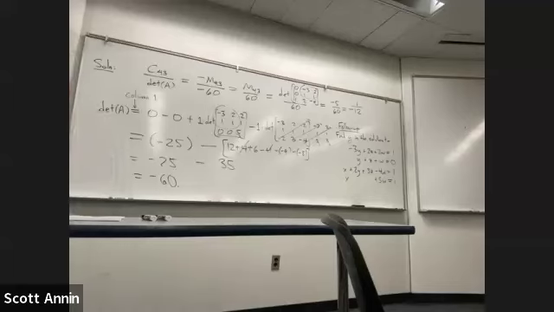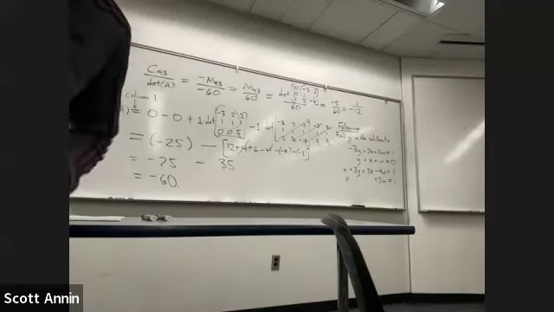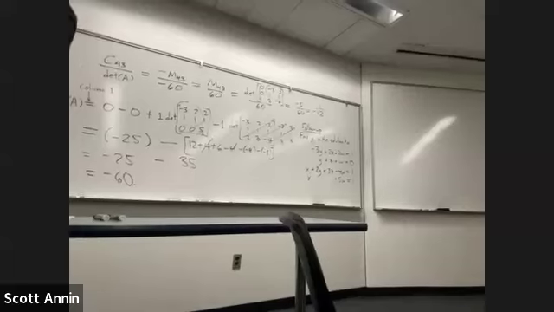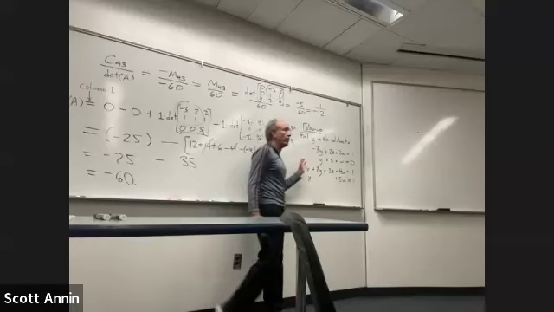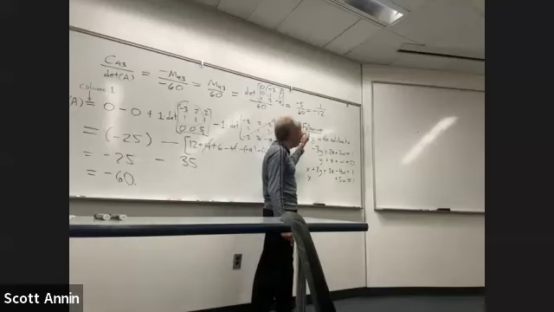I'm just making this up on the spur of the moment here. In this system that I've got on the board, I'm not asking you to solve for all of the unknowns. I'm just saying solve for y itself.